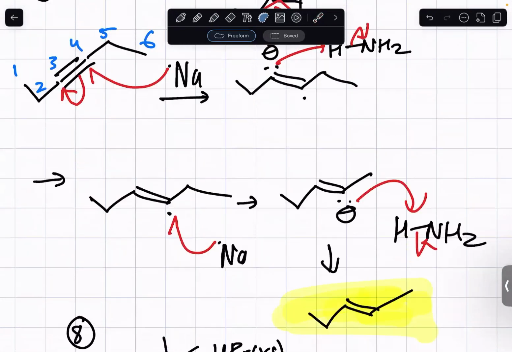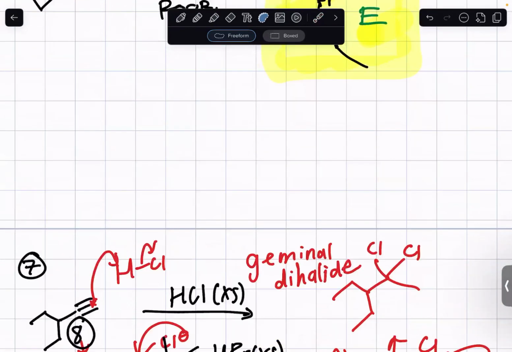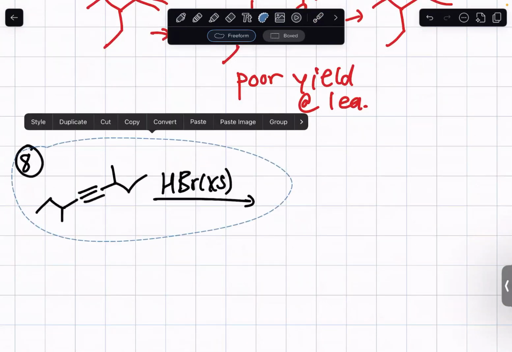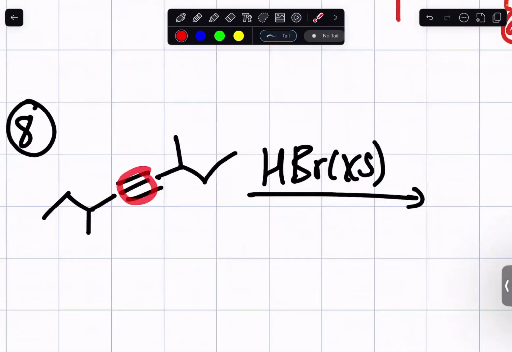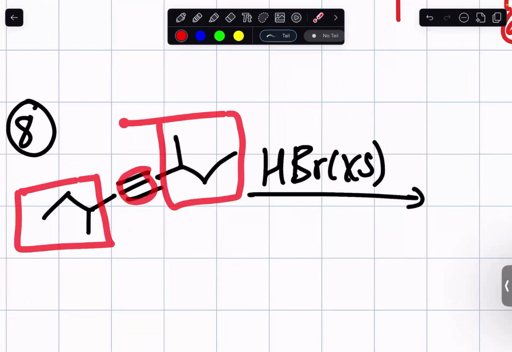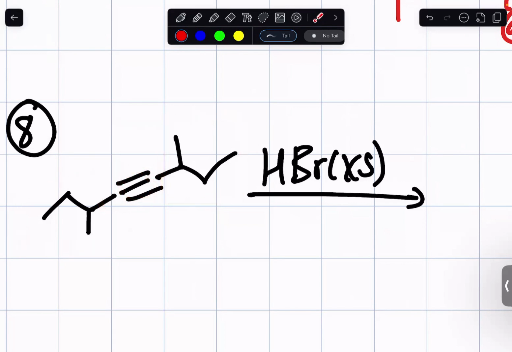Now, if we bring in this alkyne right here, what kind of alkyne do we have now? Symmetrical or asymmetrical internal alkyne? Symmetrical, right? Because the alkyne here is in the middle of the chain, and this R group here is the exact same R group as this R group right here. Right? It looks different because it's oriented differently, but methyl, ethyl, methyl, ethyl, same thing.